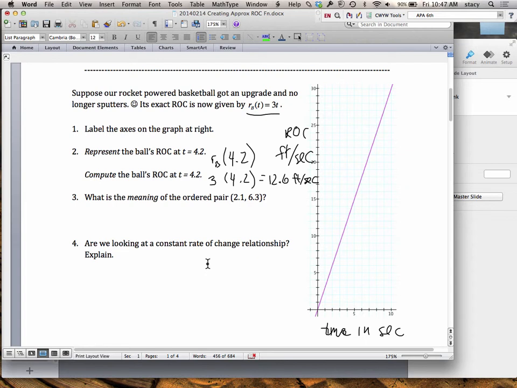What 2 things have we been looking at so far? Time and rate of change. Okay, so is there a constant rate of change relationship between time and rate of change?